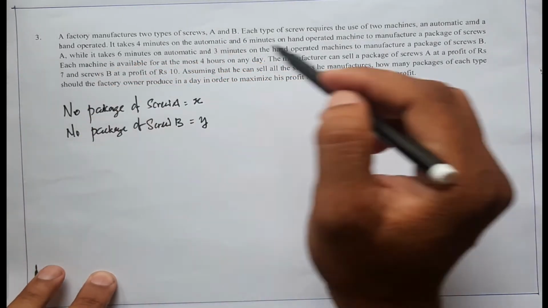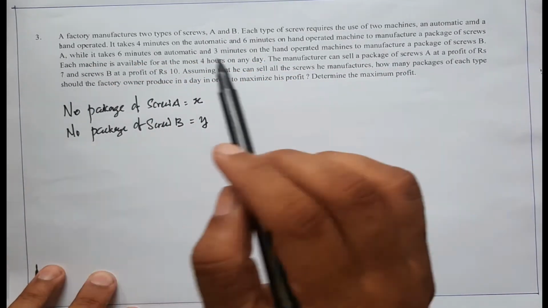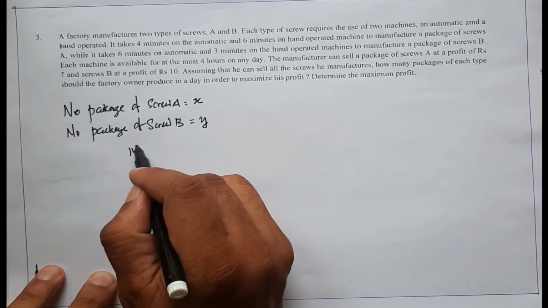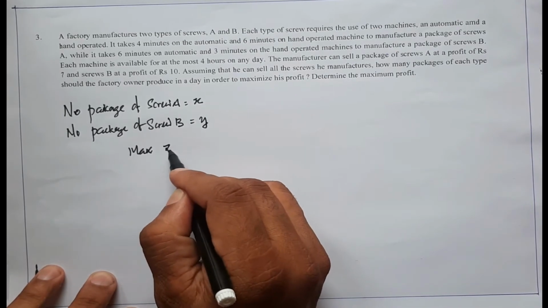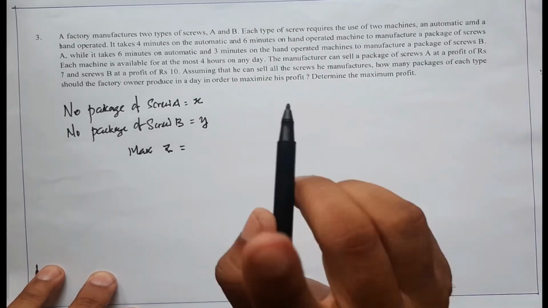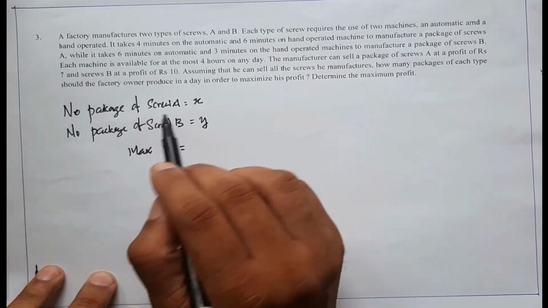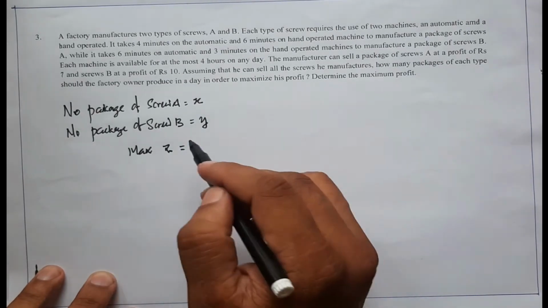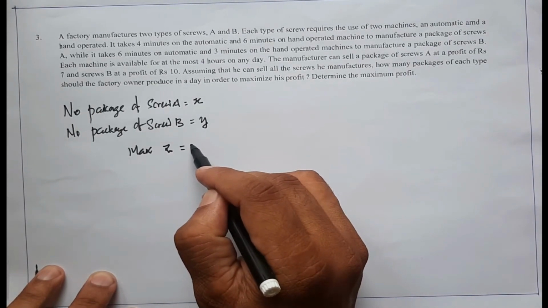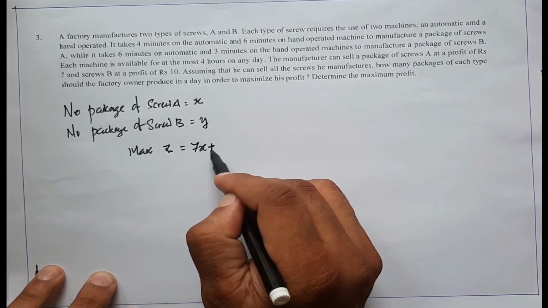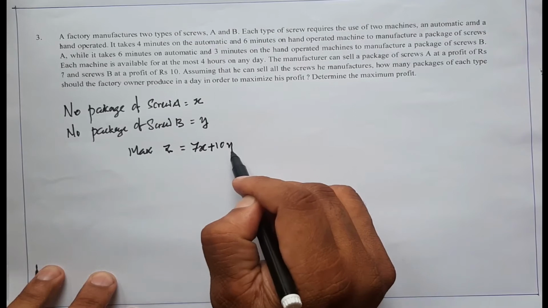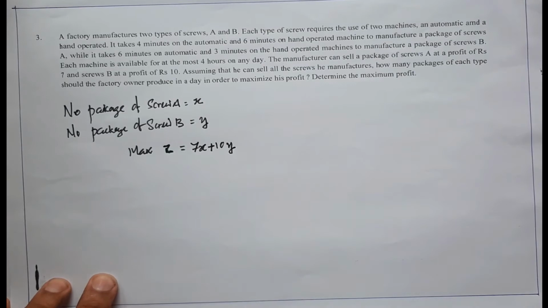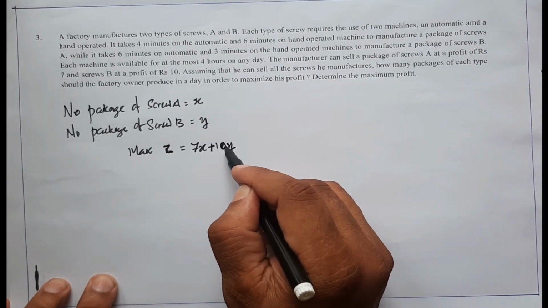Each package of screw A gets a profit of ₹7 and each package of screw B gets a profit of ₹10, and therefore our main function is: maximize Z equals 7x plus 10y, which is the main objective function.